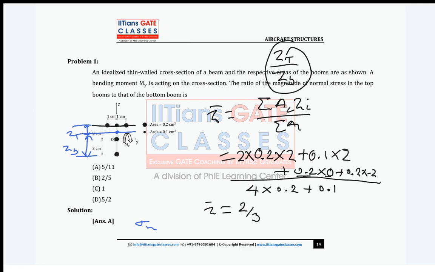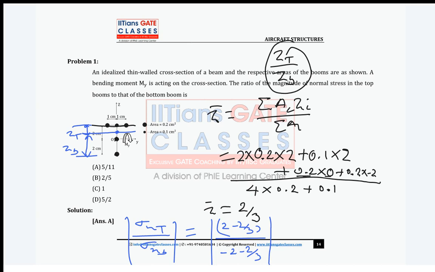So sigma x top upon sigma x bottom magnitude is what? Now the distances from centroid. For the top boom, it is 2 minus 2 by 3, upon the bottom, which will be minus 2 minus 2 by 3.